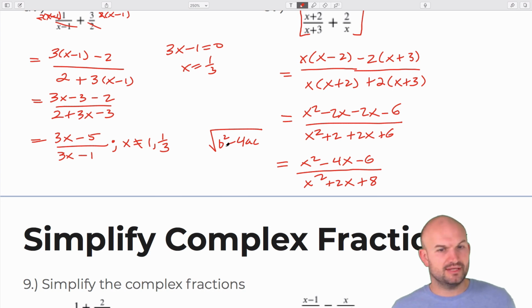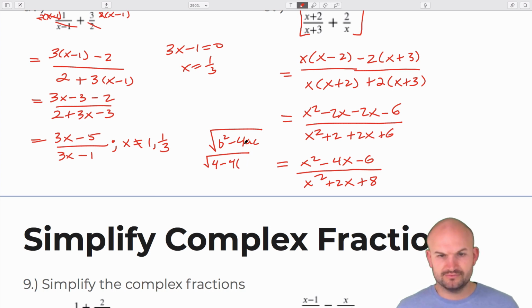So if I did this discriminant, that's going to be what's under the radical. Now again, if that number is negative, that means you're going to have complex solutions if you were to use the quadratic formula. And the nice thing here is 2 squared is 4, times a, which is 1, times 8. And what you would see is that's going to give you a negative 16.